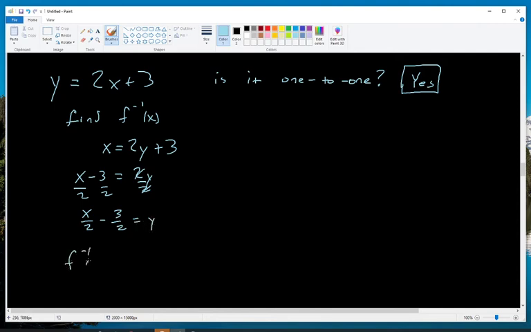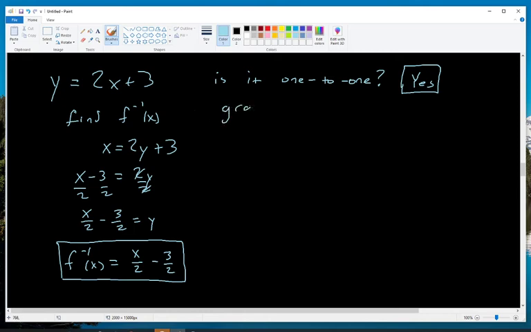So my inverse function f inverse of x is equal to x over 2 minus 3 over 2. So we got our starting value. We verified it was 1-to-1, so it's invertible. We just found the inverse using the switch x and y trick. Now they want us to graph the function and the inverse on the same axes.